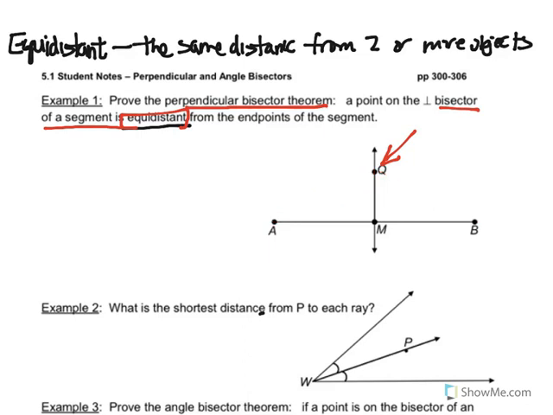Now, let's talk about what our strategy is going to be for that. And first of all, I need to tell you what the givens are. They forgot to put those in here. So we have given that QM is a perpendicular bisector of AB.